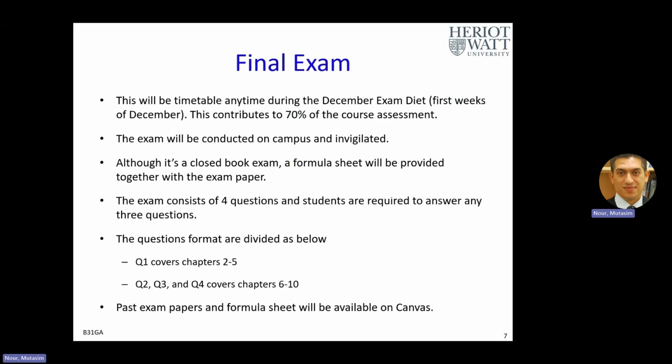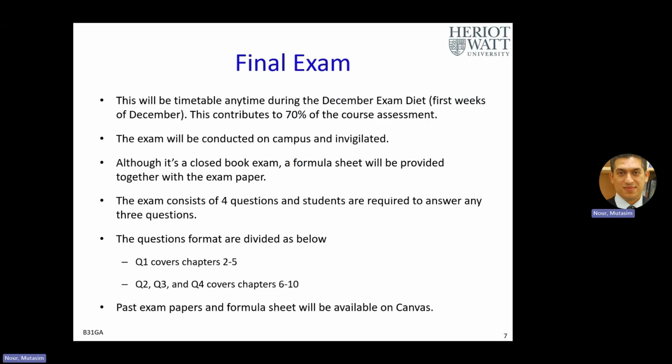The exam consists of 4 questions, and students are required to answer any 3 questions, right? Normally each question will require about half an hour to 40 minutes maximum, which is enough for 2 hours. The question format is divided as below. Question 1 covers the first 5 chapters because these are kind of intro and revision.